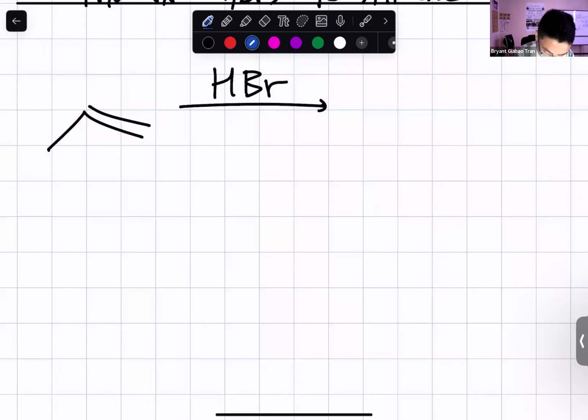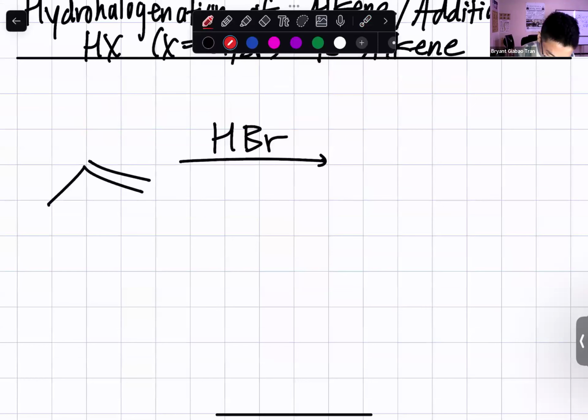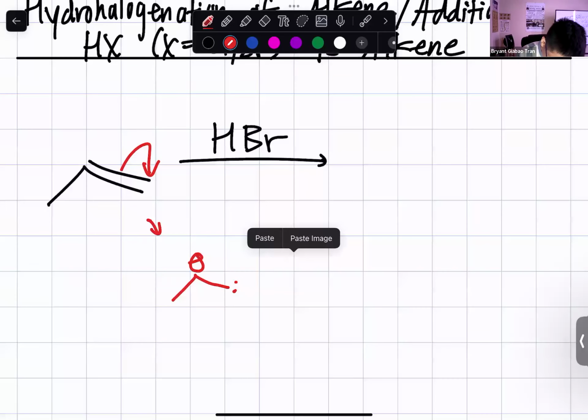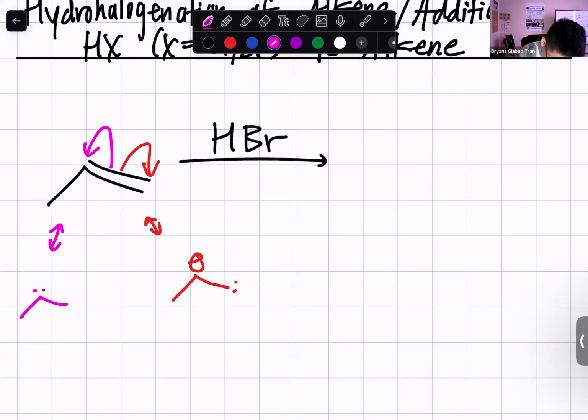So I could either push the two electrons onto this carbon, which would give me this resonance structure here, or I can push my two electrons onto the other carbon, giving me this resonance structure here. Wait, this should be a positive charge. This should be a negative charge, like that.